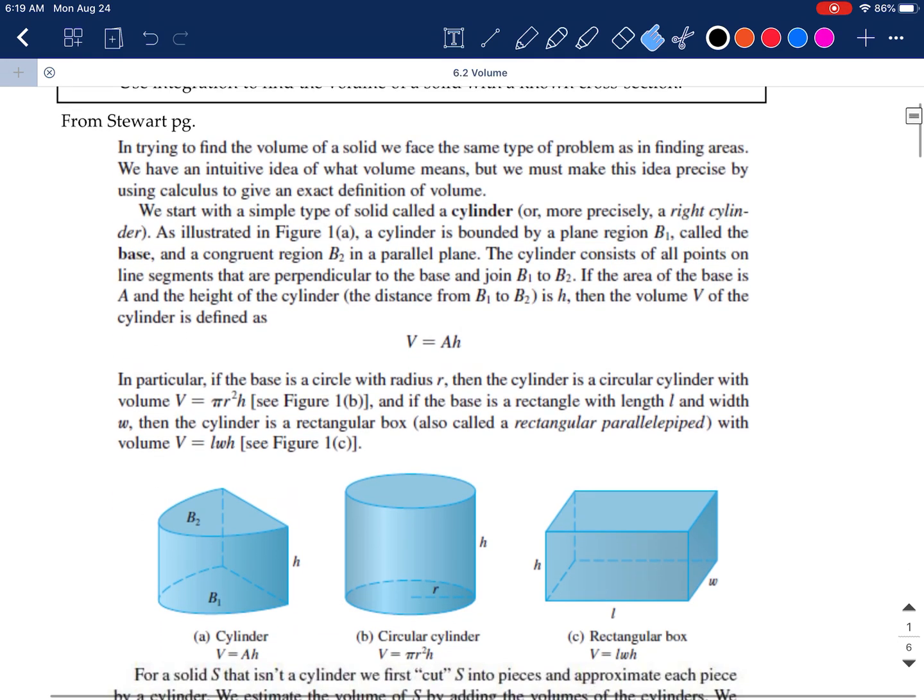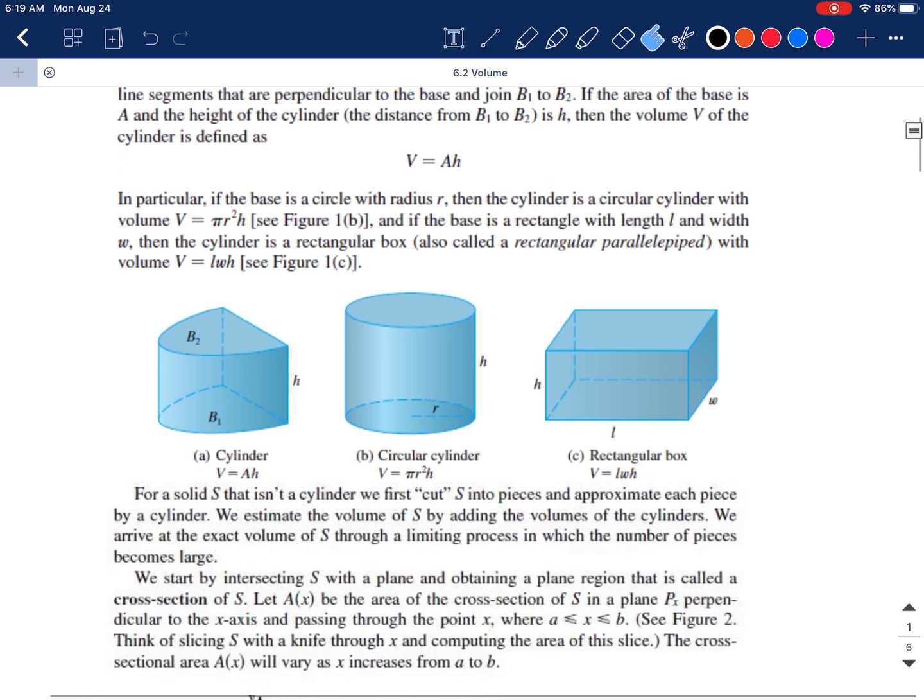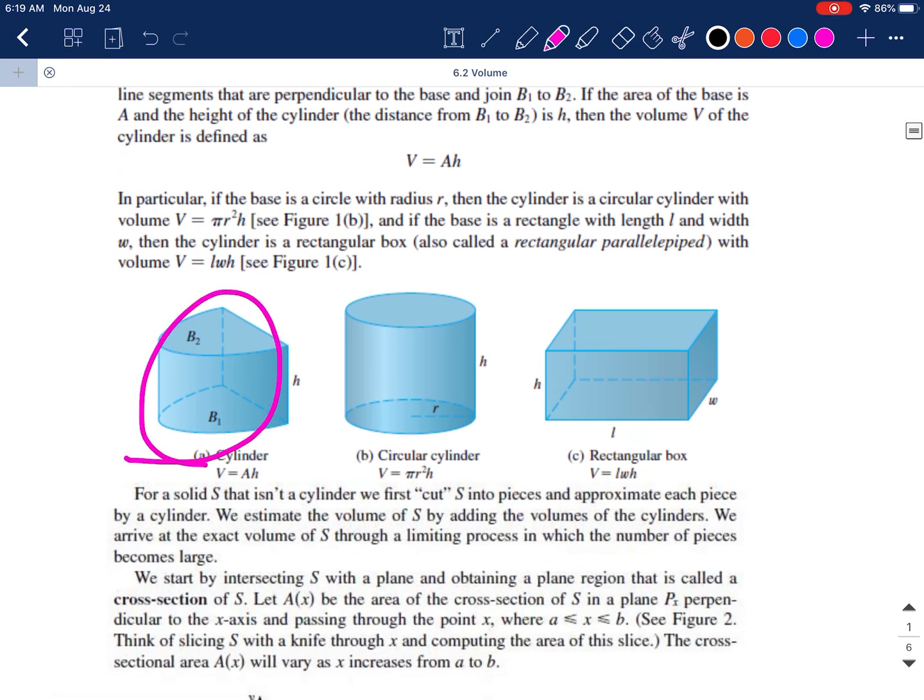So to start here, you can read through the notes, but what we're essentially generalizing is that if we want to compute volume, volume is always going to be represented by base area times height. So they just use A for the base area.